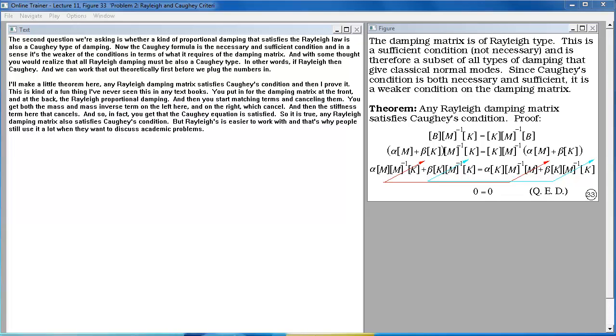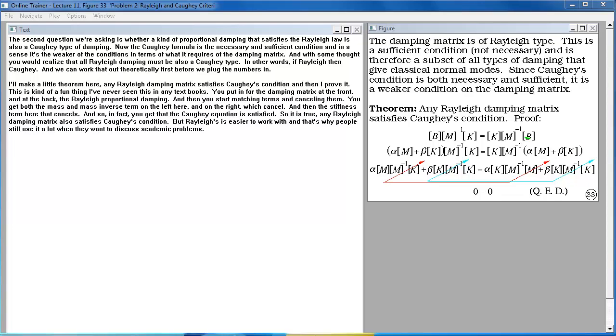I'll make a little theorem here. Any Rayleigh damping matrix satisfies Caughey's condition, and then I prove it. This is kind of a fun thing. I've never seen this in any textbooks. You put in for the damping matrix at the front and at the back the Rayleigh proportional damping, and then you start matching terms and canceling them.